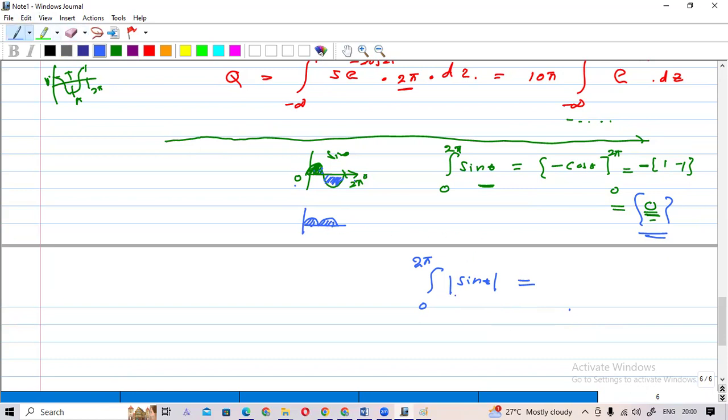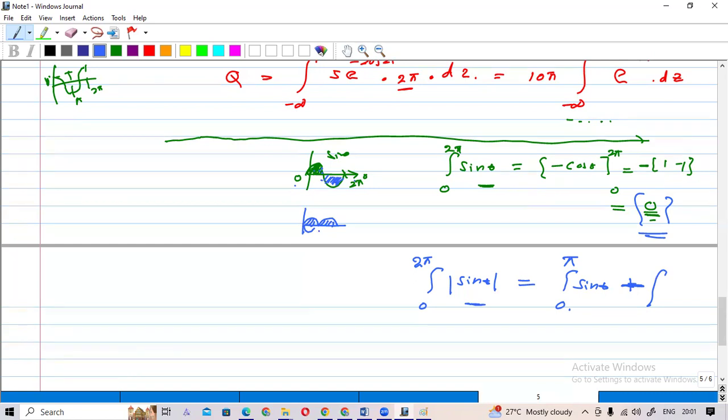If you do this integration, you have to do it in two parts. You have to do one from 0 to π here, sine theta, and again you have to add it from here to here.